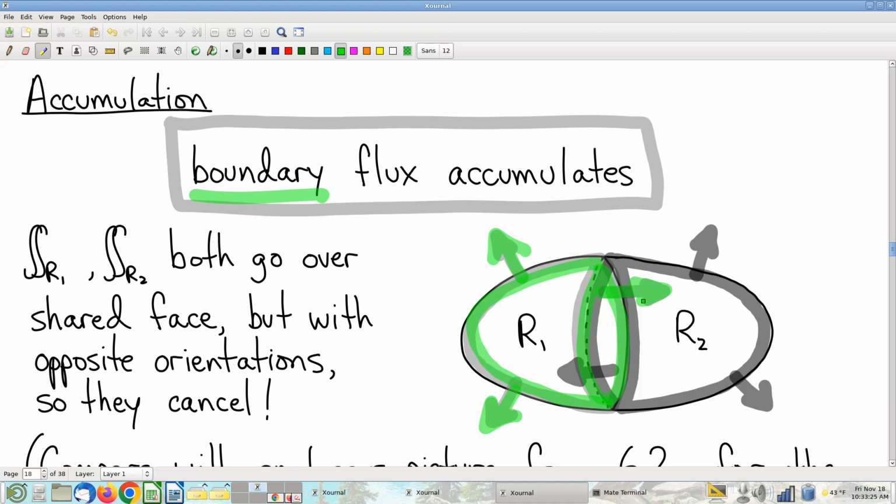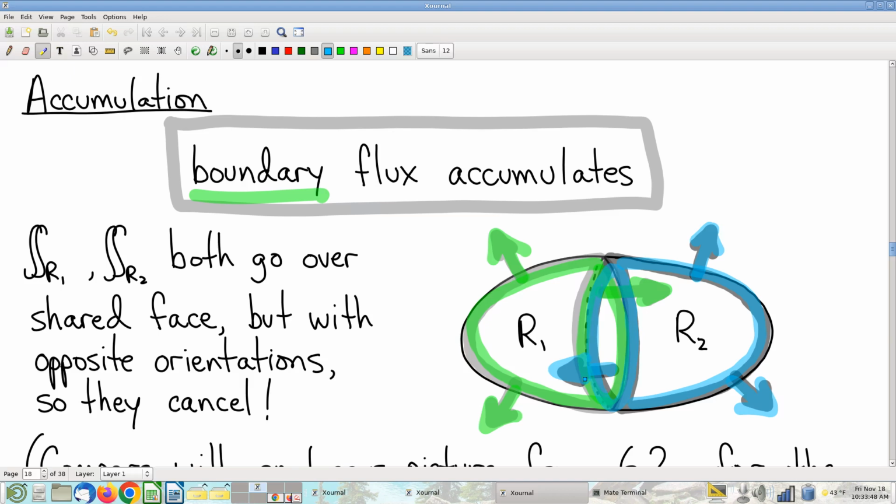So there's the left boundary flux. And now let's look at the right side. Here's part of the boundary, and there's the orientation, again away from the solid, aka outward in this case. Then there's this piece of the boundary of the right side, oriented outward away from the solid again.